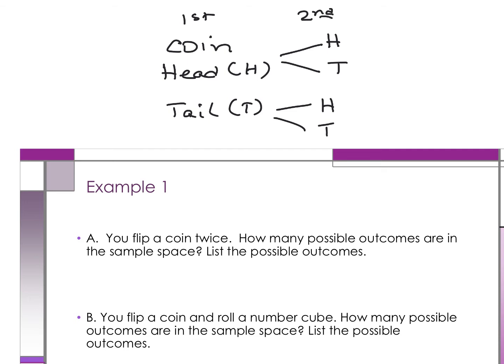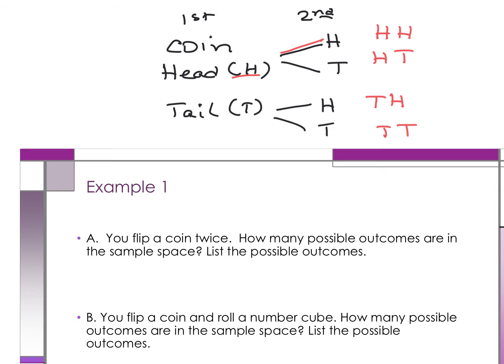If you follow this up, when I flip my coin, first flip is a head, second flip is a head. Or first flip a head, second flip would be the tail. Here, I could flip and get a tail first and then a head, or I could flip it 2 times and get 2 tails. This is all of my outcomes.